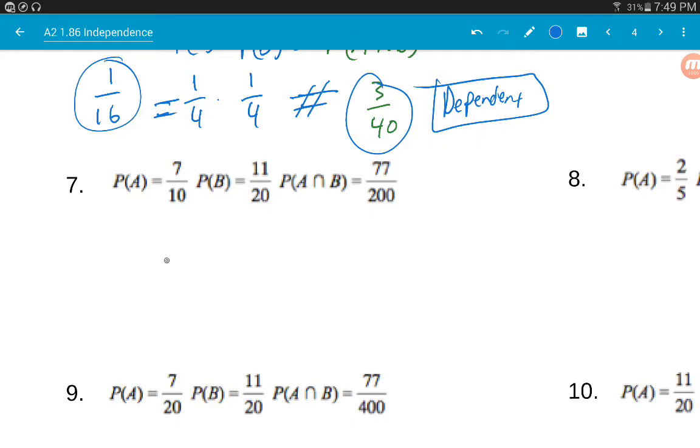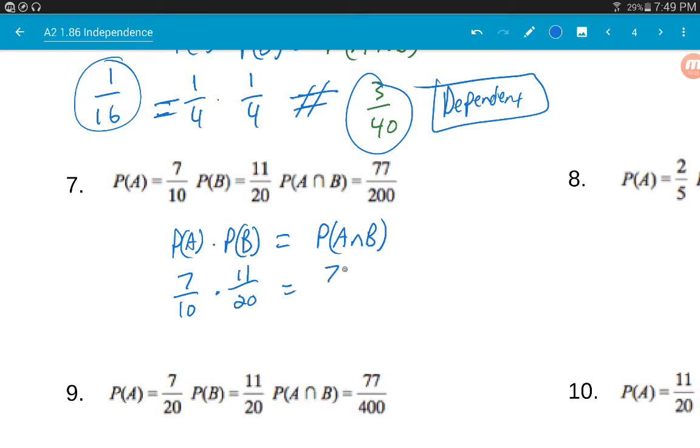Question 7. Probability of A times the probability of B should be equal to the probability of A intersect B. So this is 7 over 10 times 11 over 20 equals, or should equal, 77 over 200.